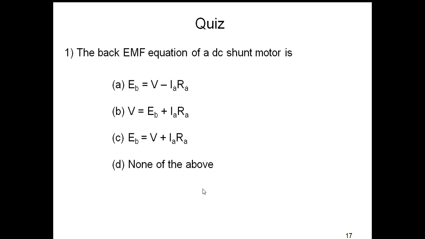We have already seen this equation in the DC shunt motor. What is the answer? Yes, the answer is EB is equal to V minus IaRa.